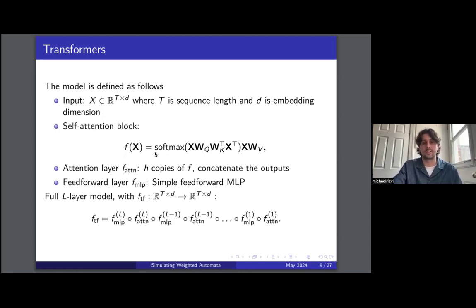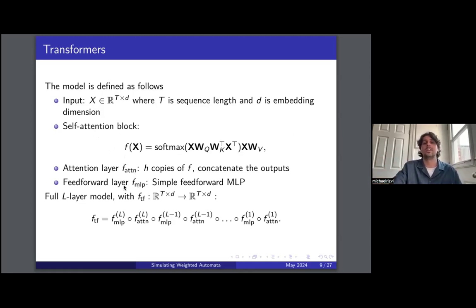Without going into the math too deeply, what this does is it calculates a correlation matrix between tokens that weighs how important each word or each symbol is to each other symbol. A whole multi-head attention layer takes H copies, where H is the number of heads, and concatenates the outputs together. That is what we consider an attention layer.